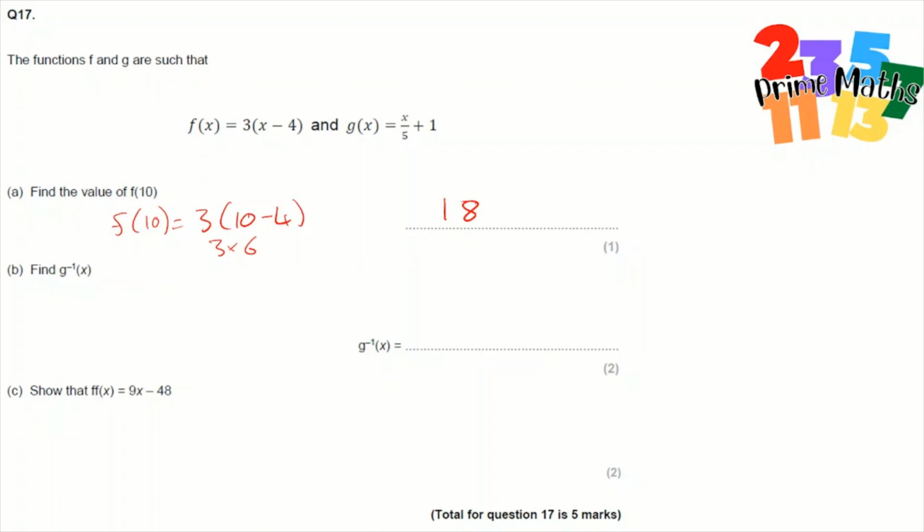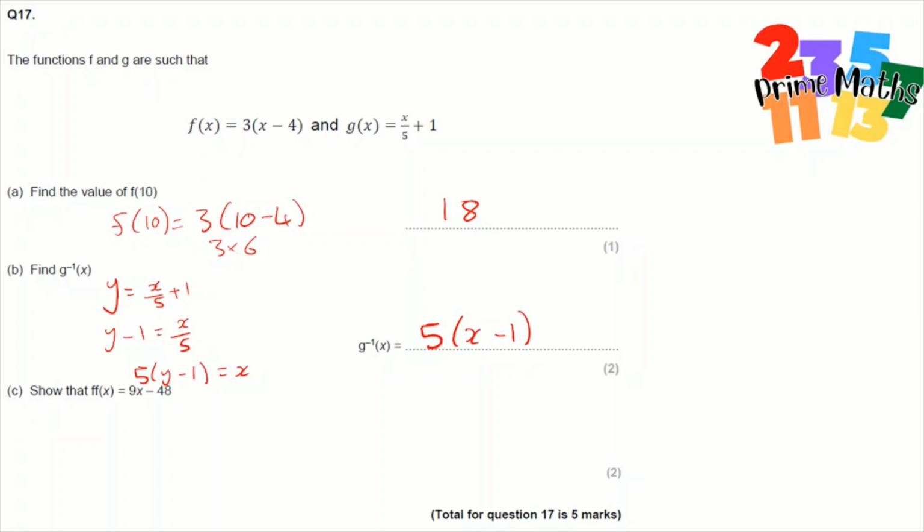We've been given the function g of x, so I'm going to call this y is equal to x over 5 plus 1. I'm going to rearrange this to find x equals. So we have y minus 1 is equal to x over 5. Multiply this by 5 to give me 5 lots of y minus 1 is equal to x. So our inverse function is 5 lots of x minus 1.